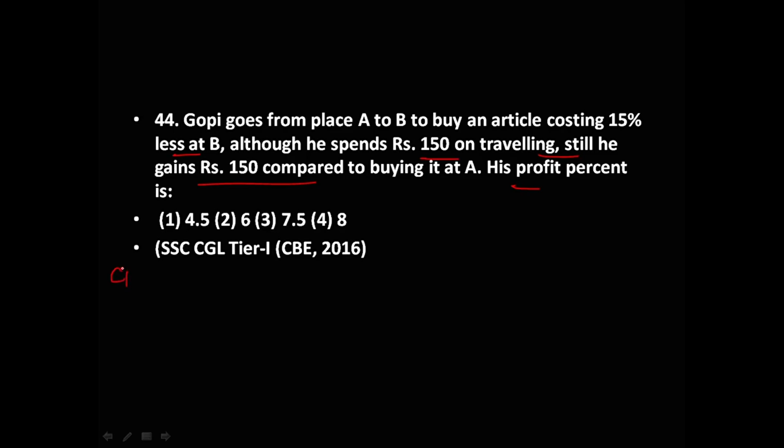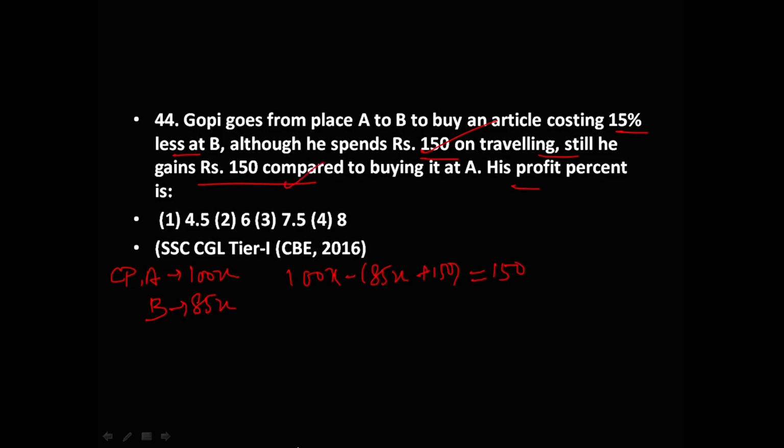Suppose CP at A is 100x, at B it would be 85x. Clear? 15% less. Then according to the question, 100x minus 85x plus 150, he spent 150 here, is equal to 150.